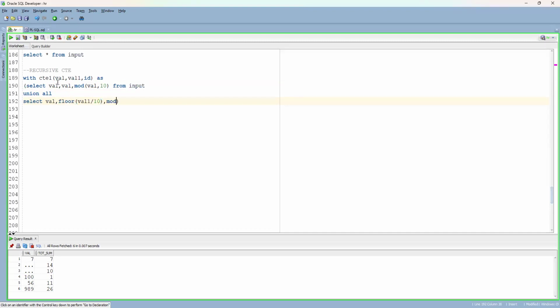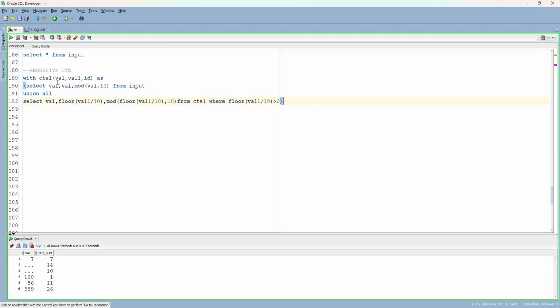comma mod of floor of val1, comma 10, comma 10, from CTE1 where floor of val1 by 10 greater than 0.